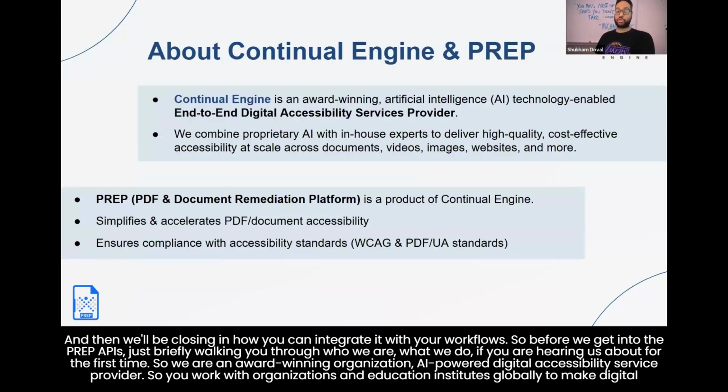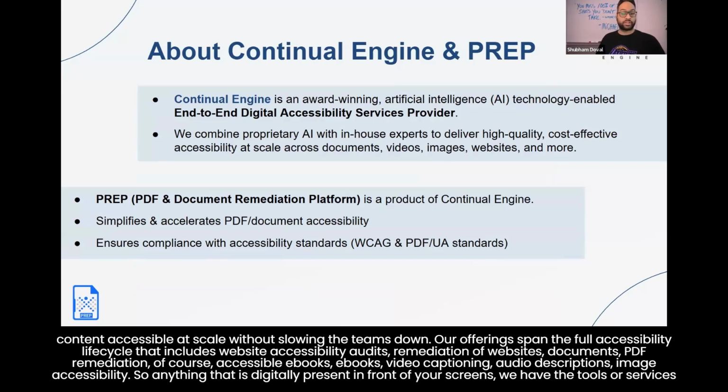Before we get into the Prep APIs, let me briefly walk you through who we are and what we do, if you are hearing about us for the first time. We are an award-winning, AI-powered digital accessibility service provider. We work with organizations and education institutes globally to make digital content accessible at scale without slowing the teams down. Our offerings span the full accessibility lifecycle, including website accessibility audits, remediation of websites, documents, PDF remediation, of course, accessible ebooks, video captioning, audio descriptions, and image accessibility.